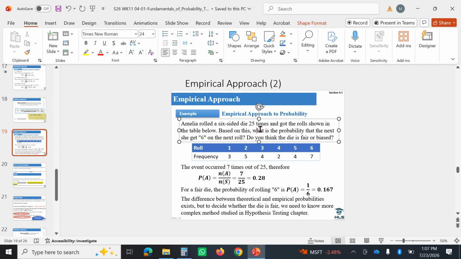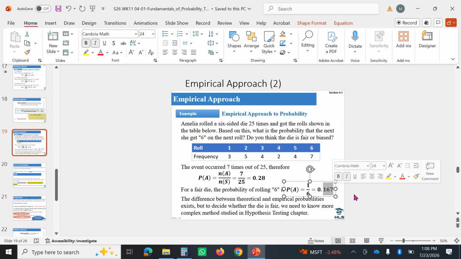And it's kind of the same example as what I was talking about with flipping a coin. If your sample size is small, your numbers are going to be distorted. But the law of large numbers states, as you approach infinity, the empirical probability starts to look like the theoretical. So for a fair dice, the probability of rolling a 6 is, as we already calculated, 16%.